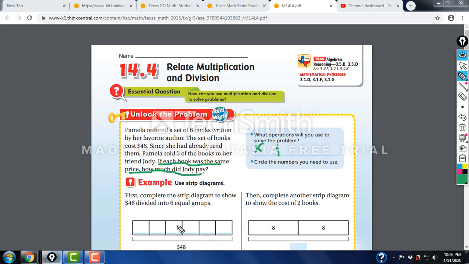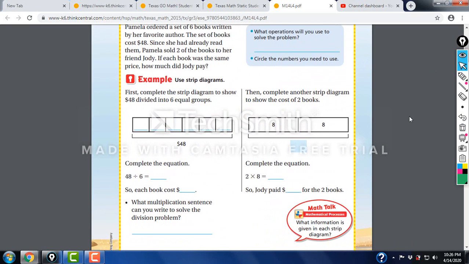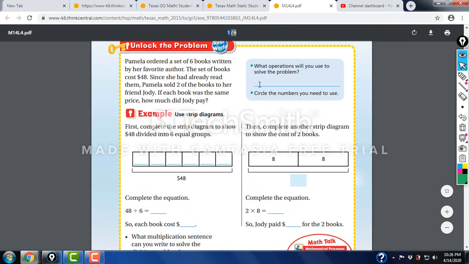So let's take a look at our strip diagram here and complete the rest of the equation. So we know there's 6 books, and here they are: 1, 2, 3, 4, 5, 6. We know she paid $48. Here's the 48.